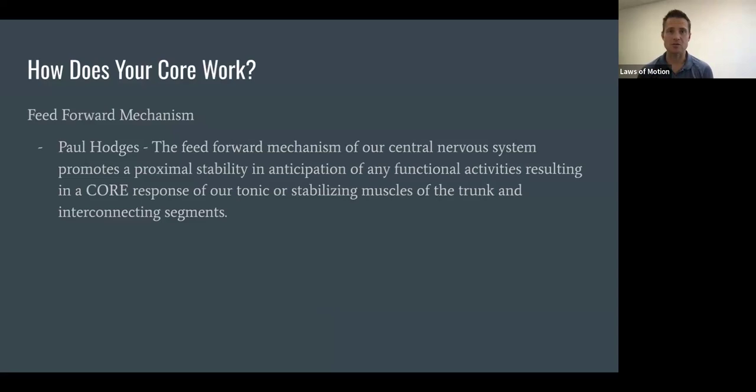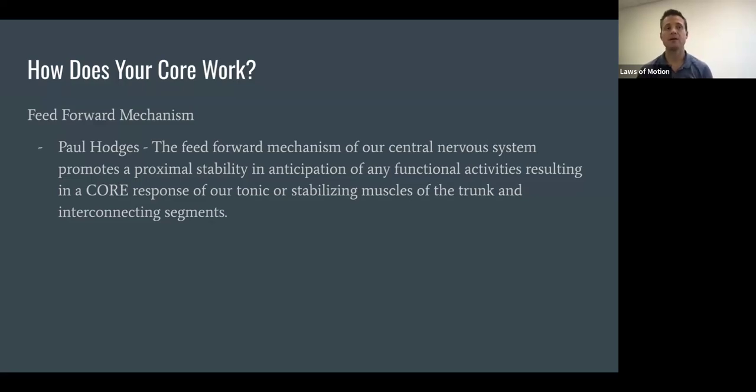Paul Hodges, who is a well-known physical therapy researcher, did a ton of research on the multifidus and on our core, and determined that it should be a feed-forward mechanism for our central nervous system. So it promotes proximal stability in anticipation of anything that we're going to do.